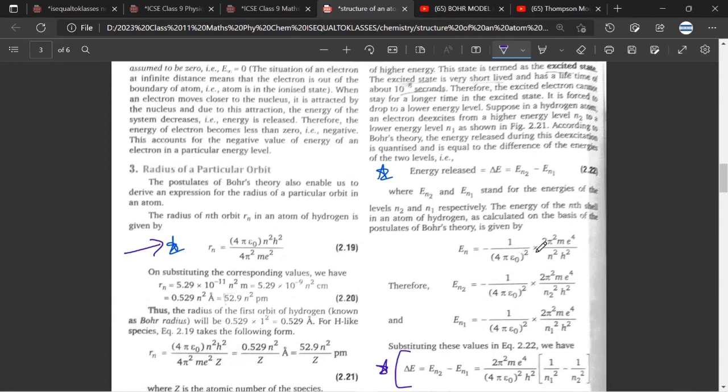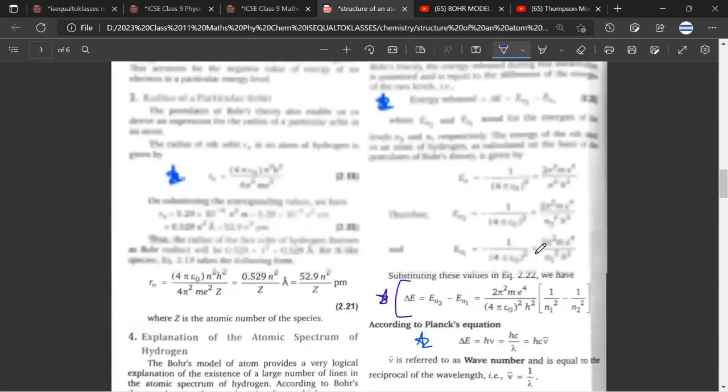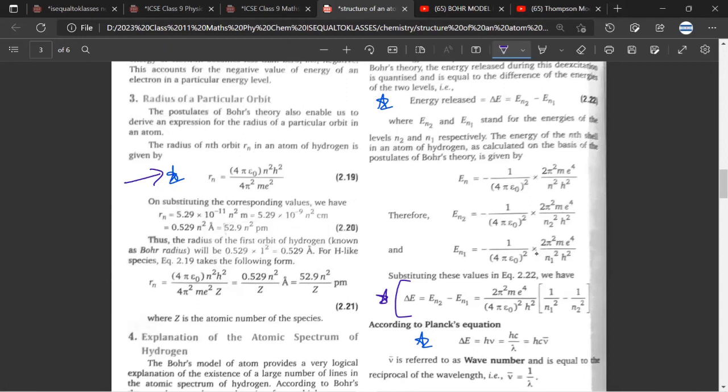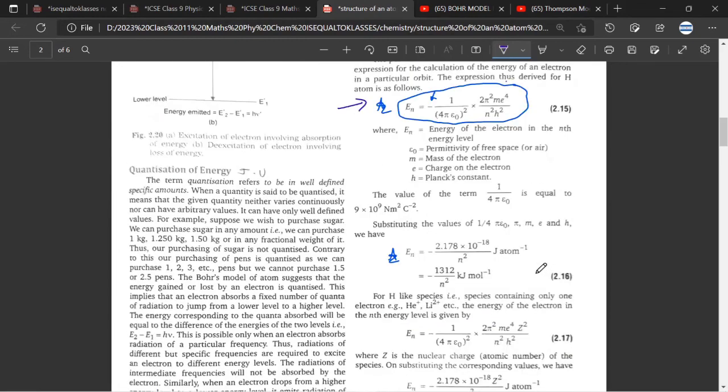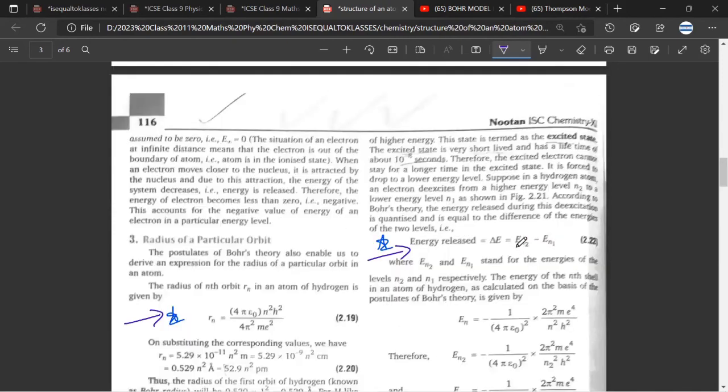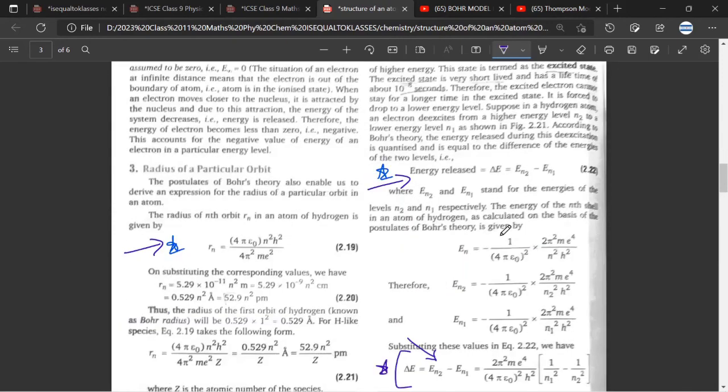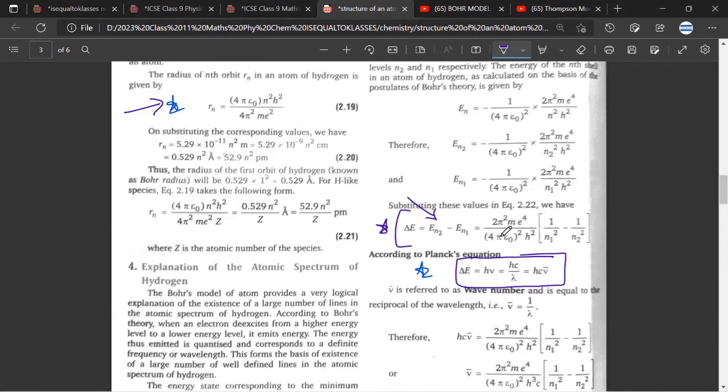Then we will be given the radius of a particular orbit. Then, because we know that energy is released when the shift happens, this energy change is given in terms of h nu. So basically, we will be required to cram formulas of energy, of radius, and the relationship between the energy released and h nu.